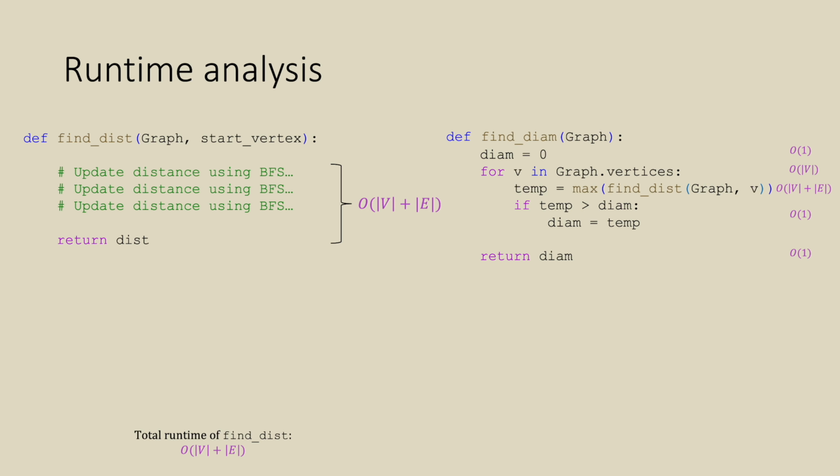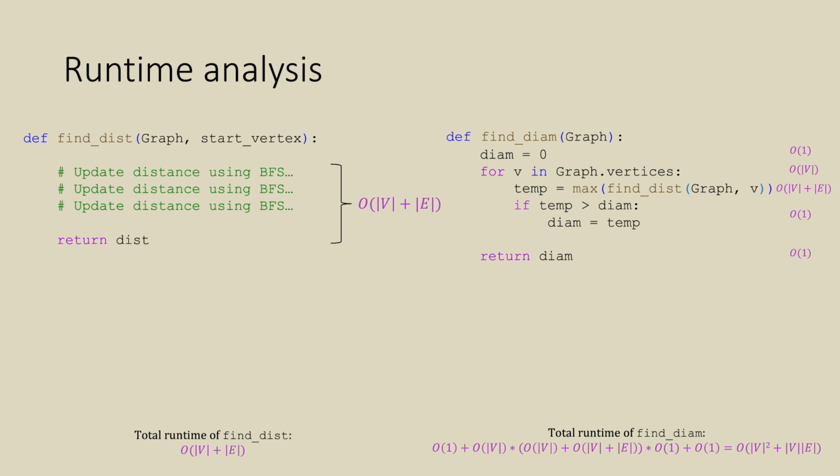And in find diameter, since we run find dist on each vertex, which is n iterations, and for temp equal max find dist graph.v, find dist takes big O of v plus e time, and the max function linearly searches through the set of distance map with size of v, so the max takes big O of v. Overall, big O of v plus big O of v plus e is still big O of v plus e.